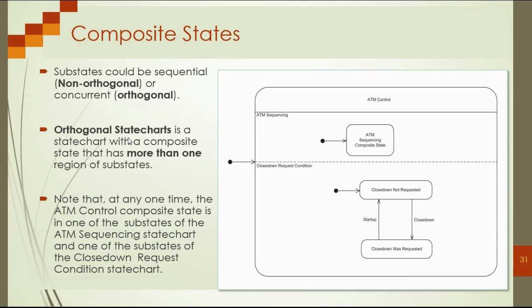If the superstate or composite state has one region, we call this non-orthogonal state charts. If it has two regions, we call this orthogonal state charts.